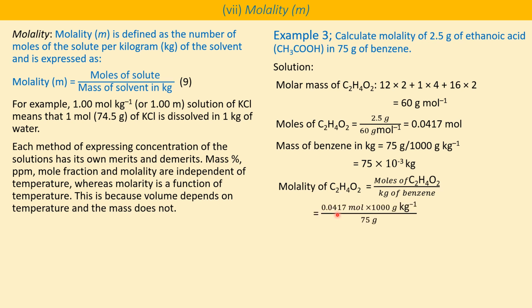Substituting the values, we get molality of C2H4O2 equals 0.0417 mole into 1000 grams per kg divided by 75 grams, that is equal to 0.556 mole per kg. That is the answer.